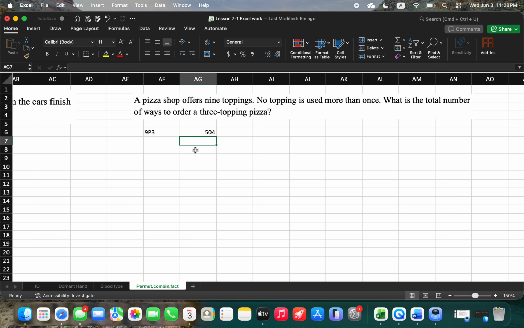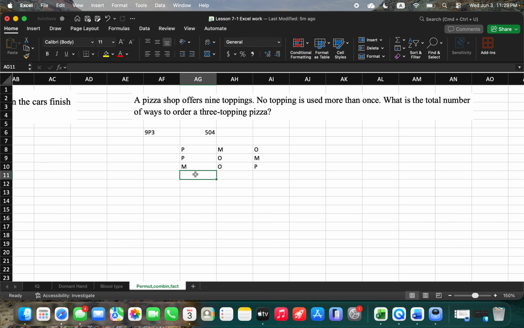But now, let's think about one scenario here. I choose maybe pepperoni and mushroom and onion here. So when I choose pepperoni first, mushroom second, onion third, or I choose pepperoni first, onion second, mushroom later, or we can do mushroom first, onion second, and then pepperoni last.